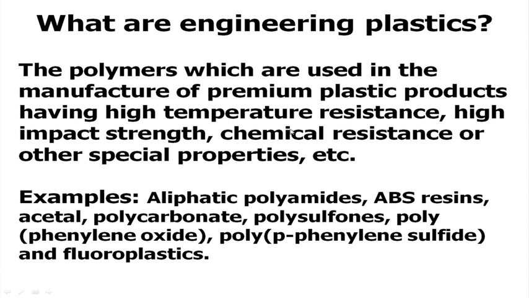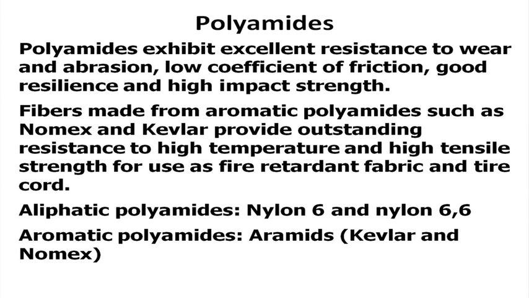Then ABS resins, acrylonitrile butadiene styrene resins, or acetal resins, polycarbonates, polysulfones, polyphenylene oxide, polyphenylene sulphide, fluoropolymers or fluoroplastics, photoresist polymers, and so on. Now, let us start with the discussion on polyamides.